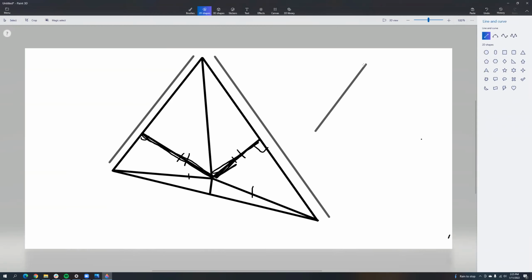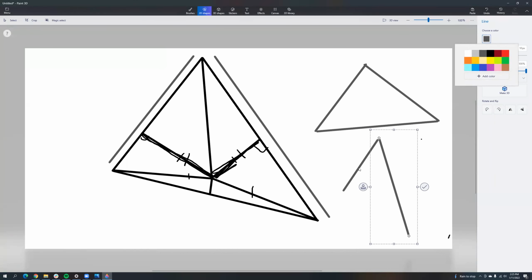Okay, let's see. Let's take a very weird triangle, I guess. But what I'm saying is, if you have any point inside the triangle, oh my, I drew it like equilateral. If you have any point inside a triangle, the perpendicular from that point to these sides will always be inside the triangle.